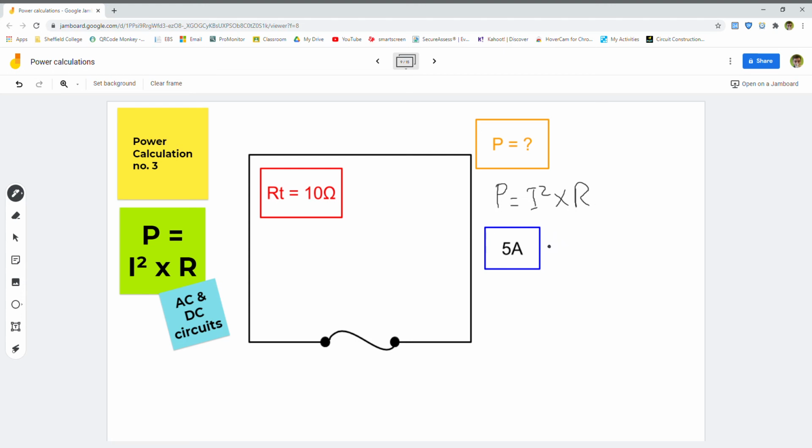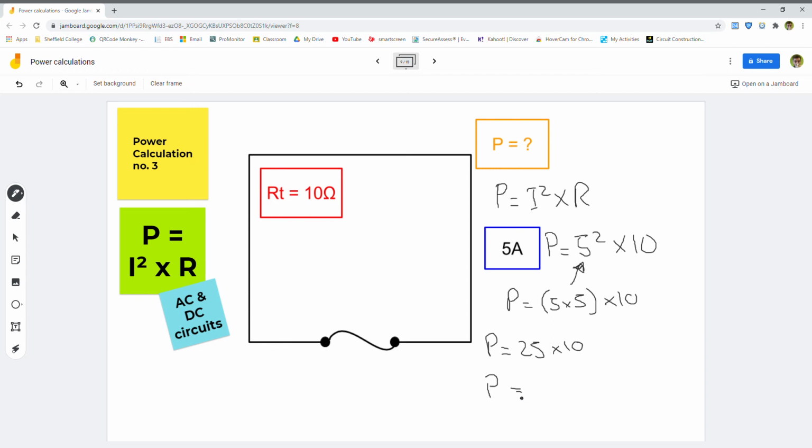Not only can you see if you've made any mistakes, but it's good to just get it into your memory as you're physically writing it out. So I squared will be 5 squared times 10. So P equals 5 times 5 times 10, because obviously that's your 5 squared. P equals 25 times 10.